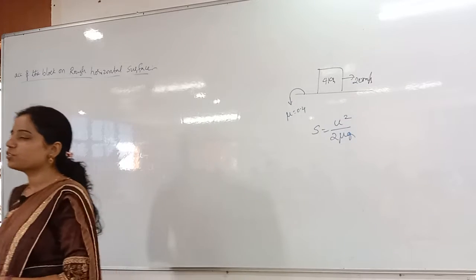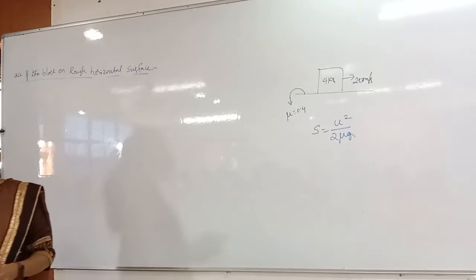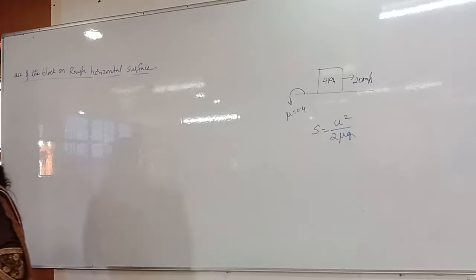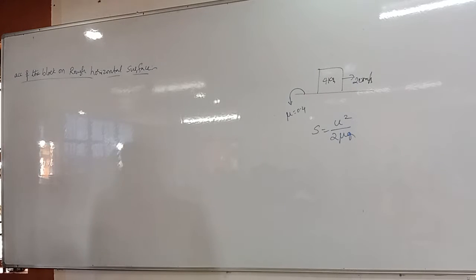Then substitute in the formula s is equal to ut plus half at square. Then what will you get? Check. 192. Then how is it possible? What did we get by the formula?